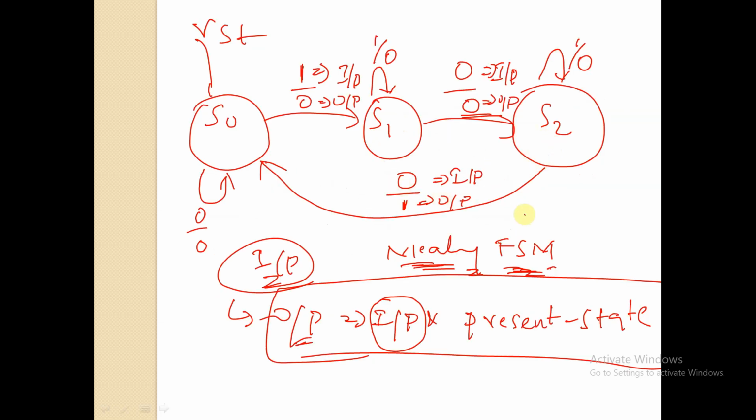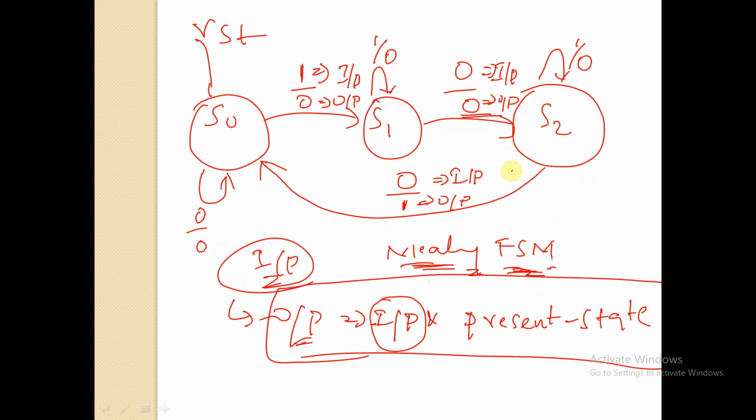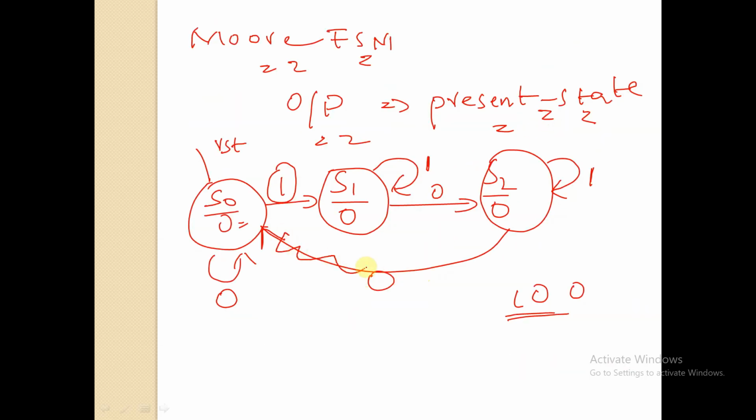And from S2, if the input is 0, it will go to S0 state. So basically we are detecting the sequence 100, sorry, here we will get one more state. It will not go to this.